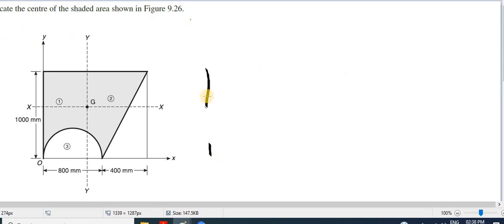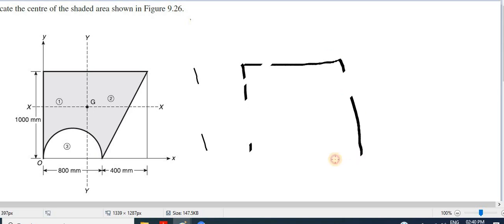First thing is one big rectangle. So here what I should do is, first is one rectangle, for this first rectangle, A1, X1.